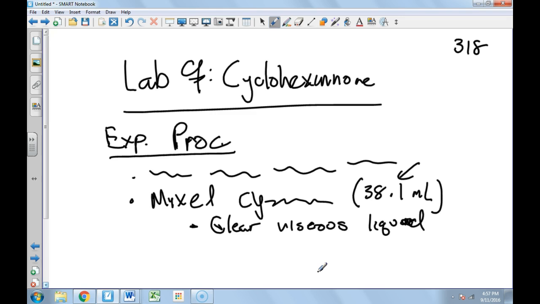And keep in mind there's also a difference between clear and colorless. Clear means you can look through it; it is transparent. Colorless means that it has no color. So it's very possible that something is yellow, but clear yellow liquid. So make sure that you have that.